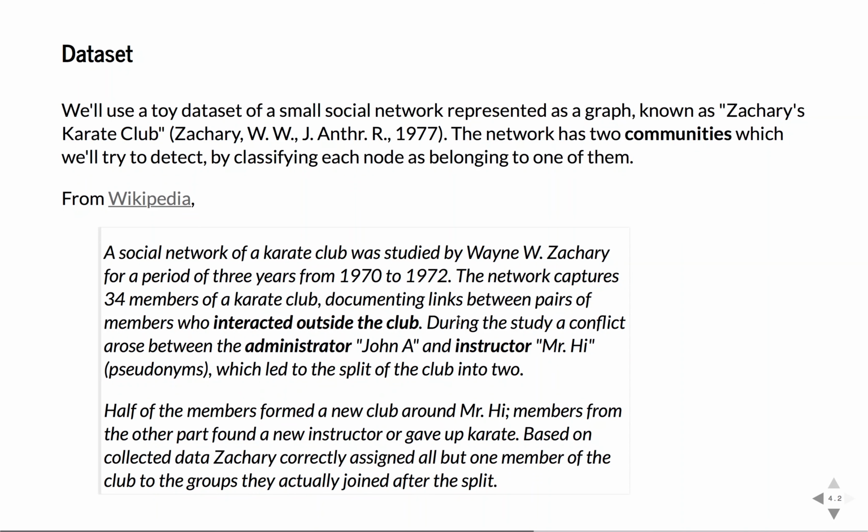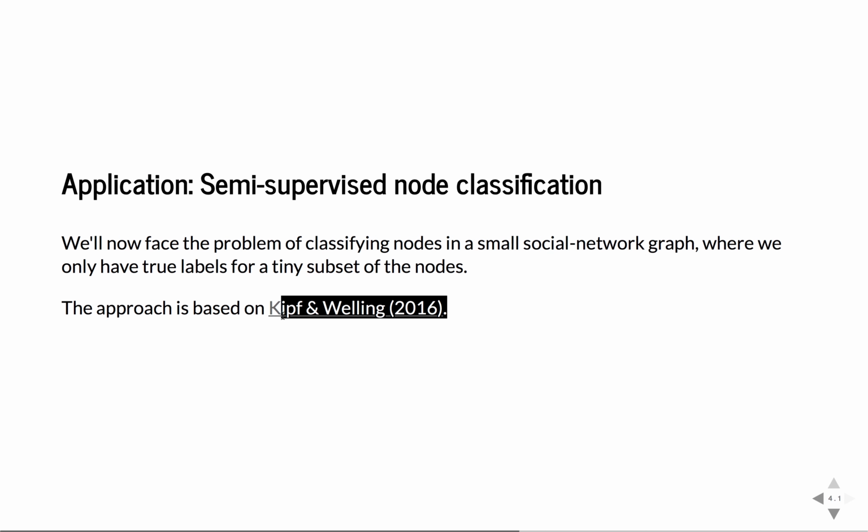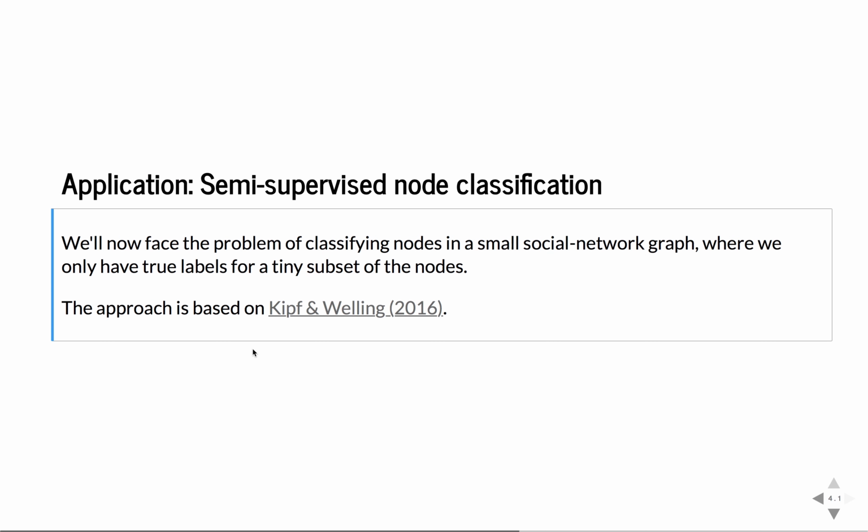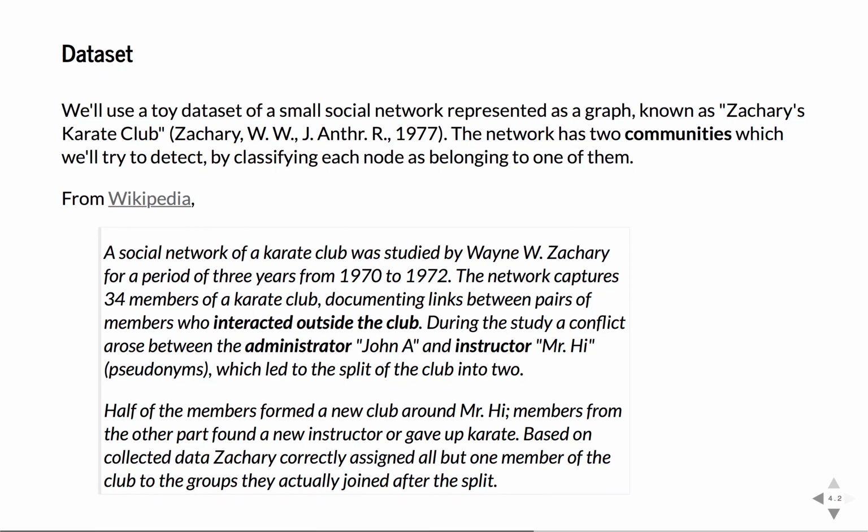Okay, so the dataset that we'll use is a really small toy graph called Zachary's Karate Club. It's from an old anthropology paper, and in one of the appendices of this paper, they show a similar example. It's a really nice data set because it's really small, but it has this social connectivity with two communities in the graph.